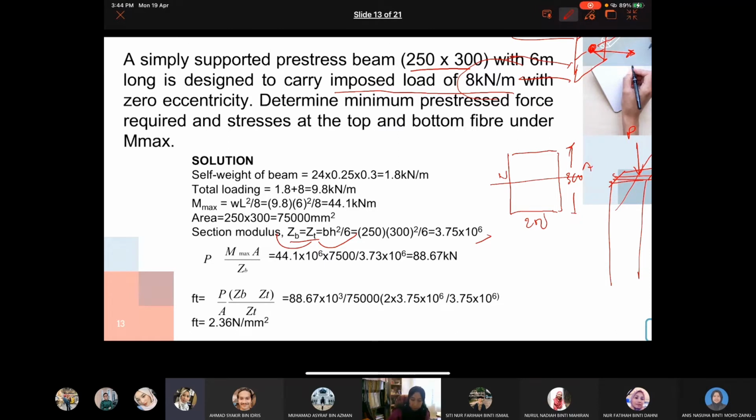If the effective top and bottom are not the same, then your ZB is not equal. But if the top and bottom are the same, then you will have it.